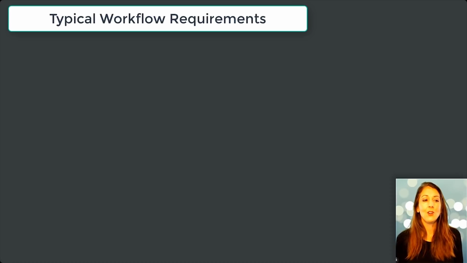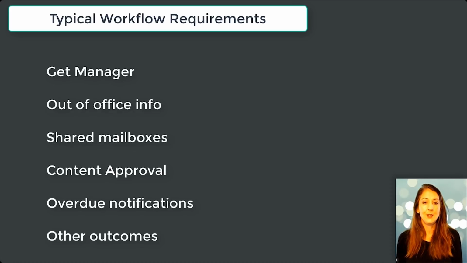All right, so let's talk about some common typical workflow requirements that you're going to want to use flow for that request sign-off is not going to accommodate. The first one is automatically getting the manager of someone. Knowing when someone's out of office when we send them an email or an approval flow.